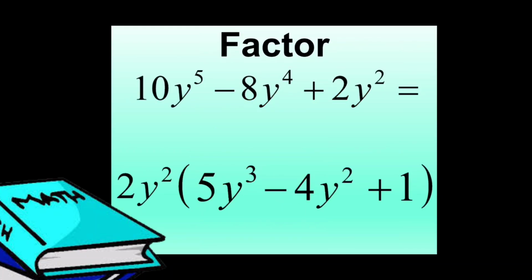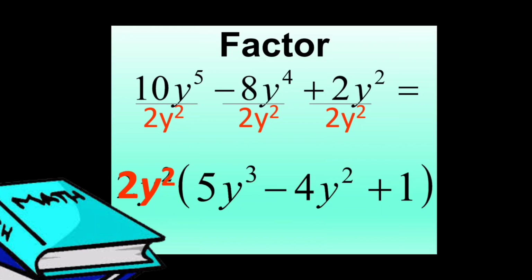For our fourth example, let's factor 10y raised to the fifth power minus 8y raised to the fourth power plus 2y squared. Our first step is to find the GCF, and our GCF is 2y squared. Our second step is to divide each term to find the other factor. All of our terms will be divided by 2y squared.